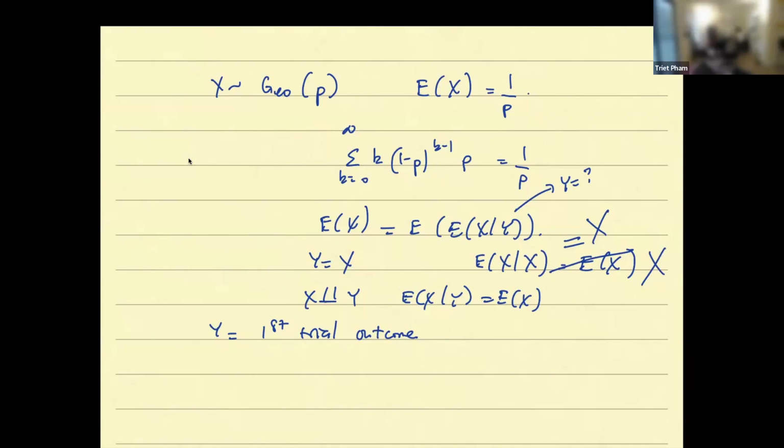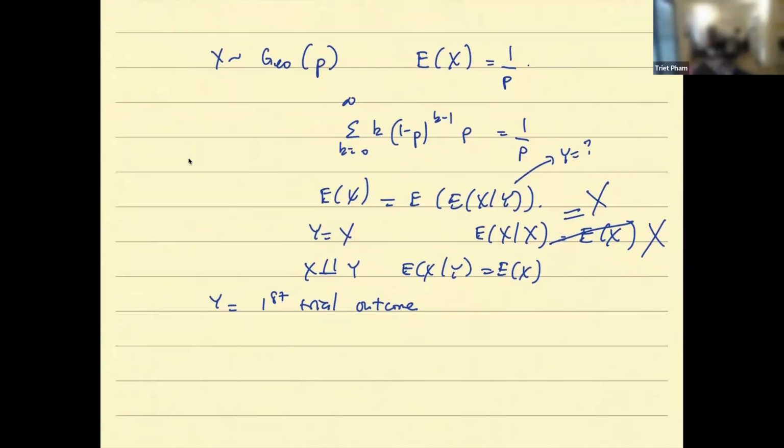So I can condition on the first trial being a success, or on the first trial being a failure.